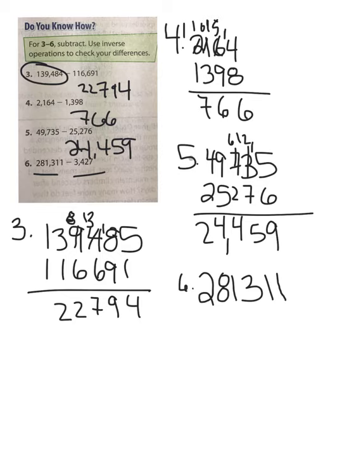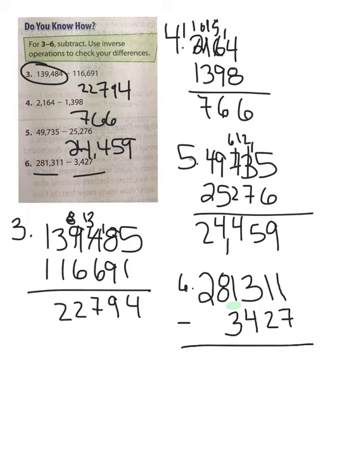Since our second number only has 4 digits, I'm going to underline the digit that is in the thousands place, which is this one right here. So our new number is going to begin right under that number in the thousands place. Now that our numbers are lined up, we can subtract.